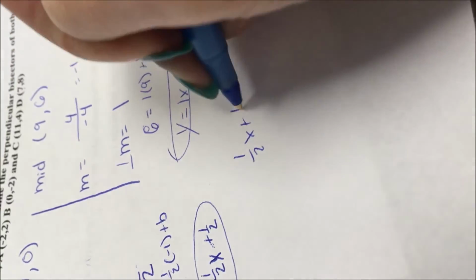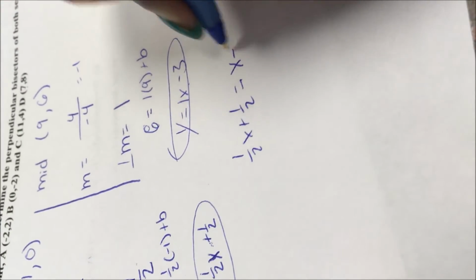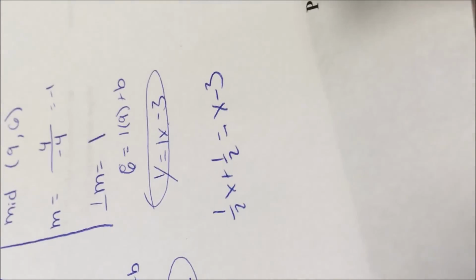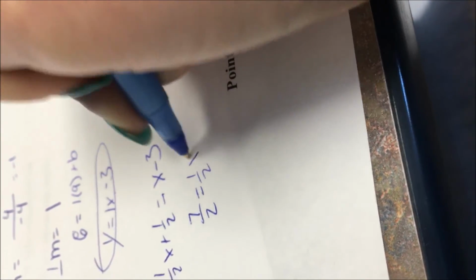So what I would do at this point is set these 2 things equal to each other. So 1/2 x plus 1/2 equals x minus 3. And when I solve, I get 7/2 equals 1/2 x. So when I add 3 over to here, 3.5 is 7/2.